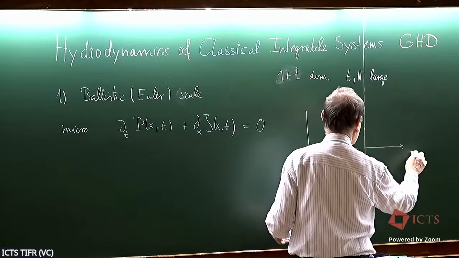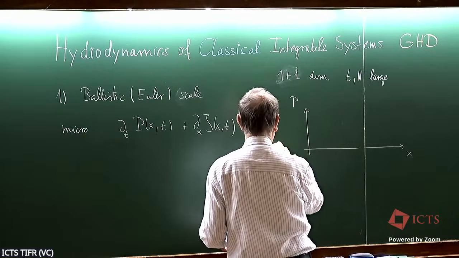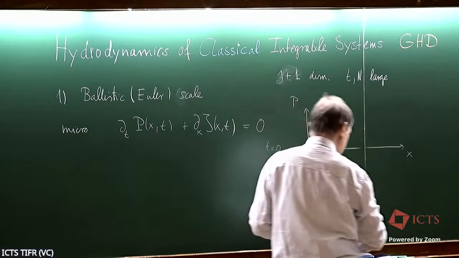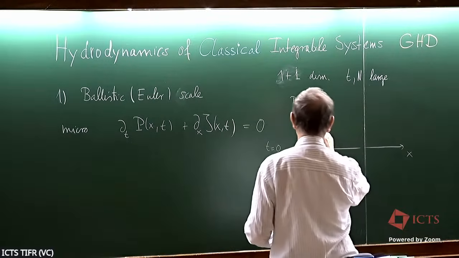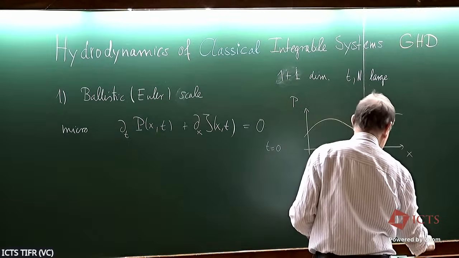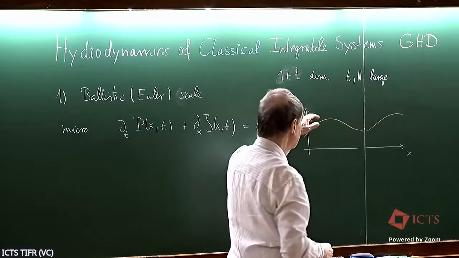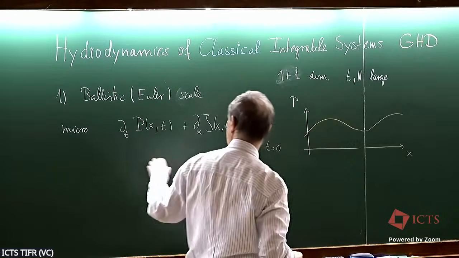But let's say I have here the rho, and maybe I look at first at time t equals 0, and I impose some initial condition, which, what this picture should indicate, is that it has a slow variation on the microscale.